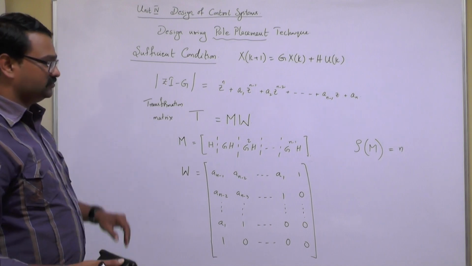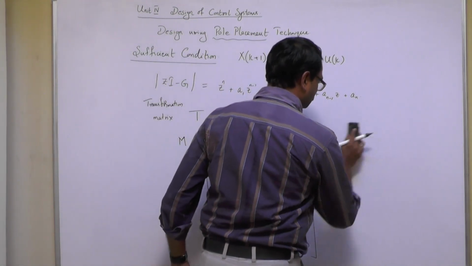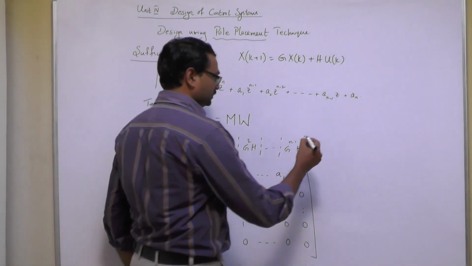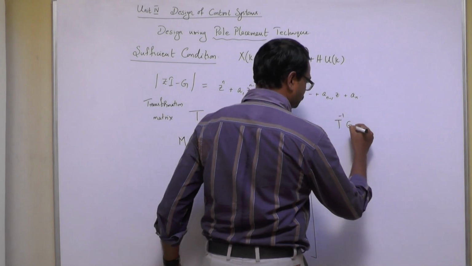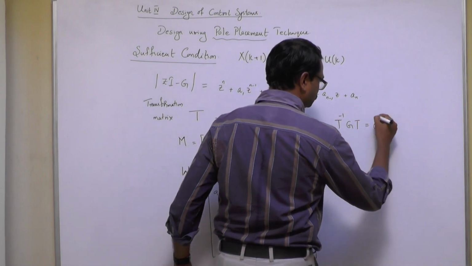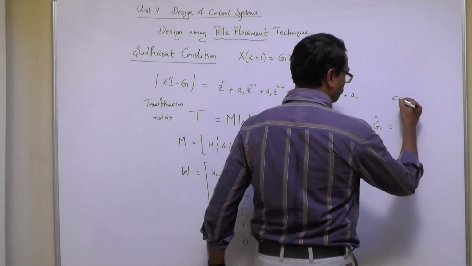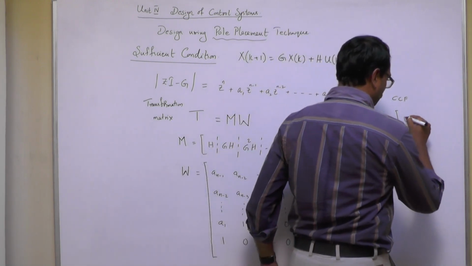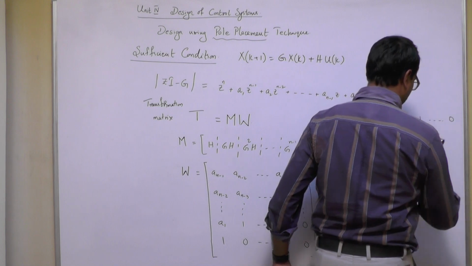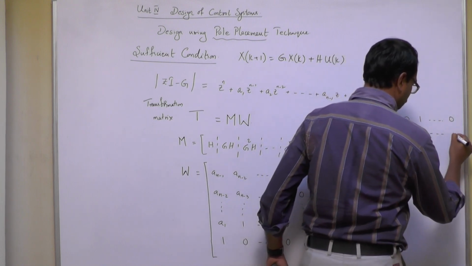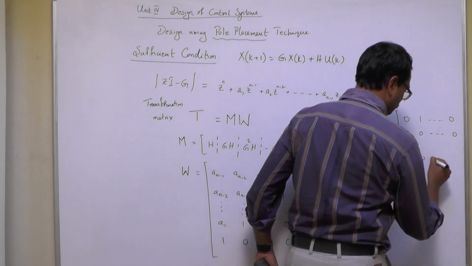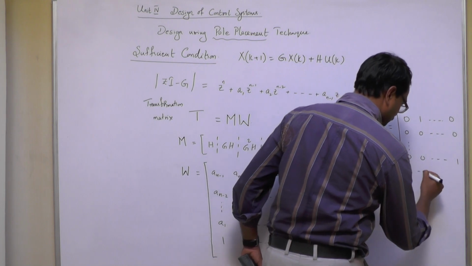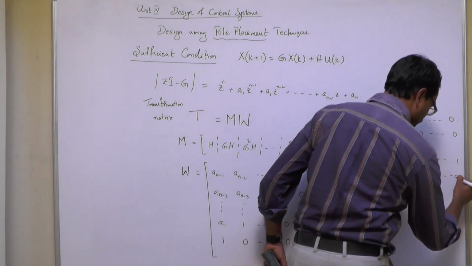Because we have this transformation, we can find the matrix T inverse G T equal to G cap, and from the controllable canonical form, the matrix obtained is 0, 1, 0, 0, 0, 0, 0, 0, 1, then minus an, minus a n minus 1, up to minus a1.